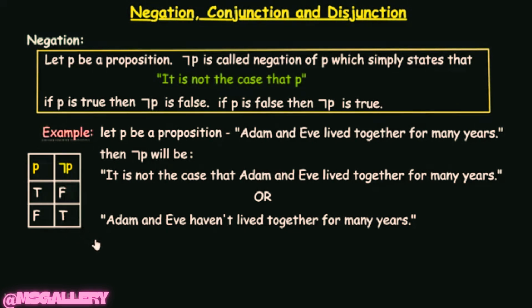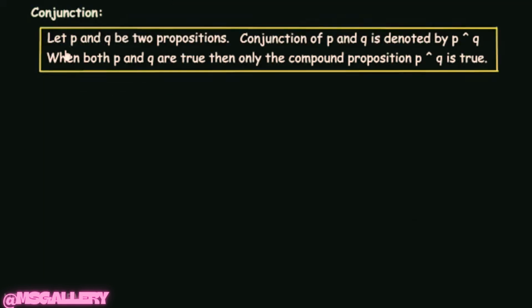Simple. Now let's try to understand what is conjunction operator. Again, let P and Q be 2 propositions. Conjunction of P and Q is denoted by P and Q. This is the symbol for AND. Please note down, this is the symbol we are going to use for AND in propositional logic. When both P and Q are true, then only the compound proposition P and Q is true.